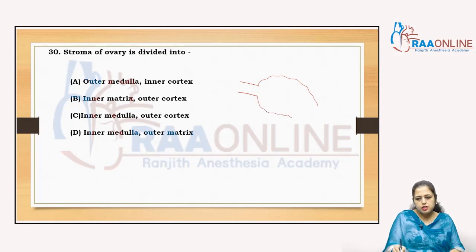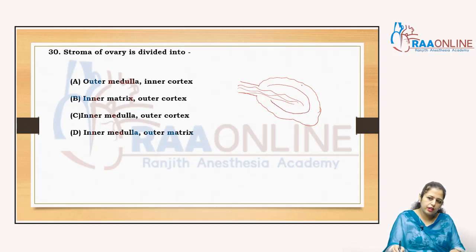Through the medullary region the blood vessels enter and exit, and the portion where the ovarian follicles are formed is called the cortex. So outer cortex and inner medulla, right?